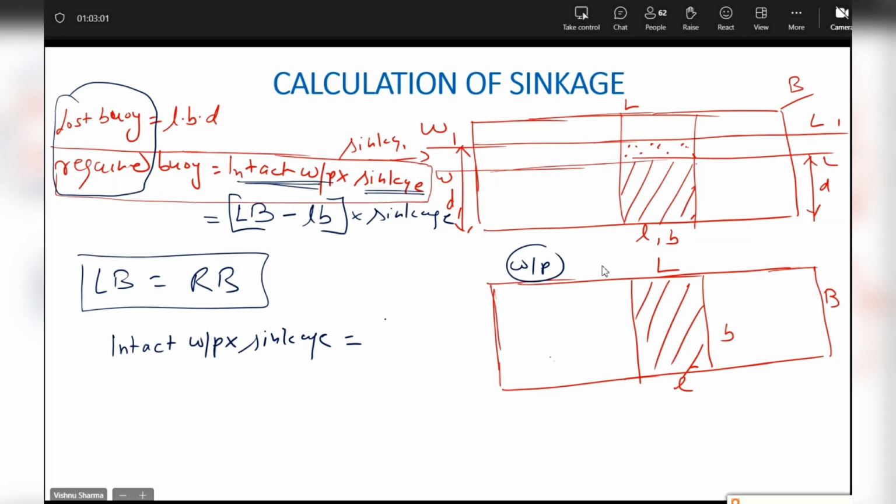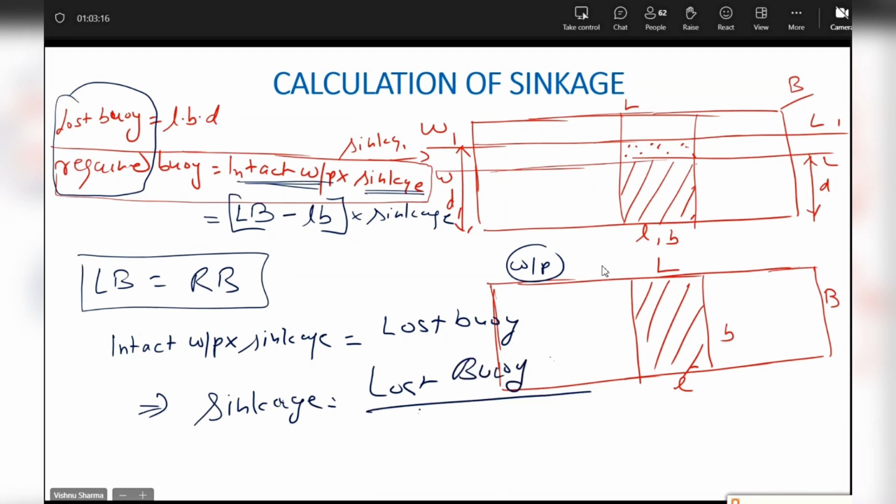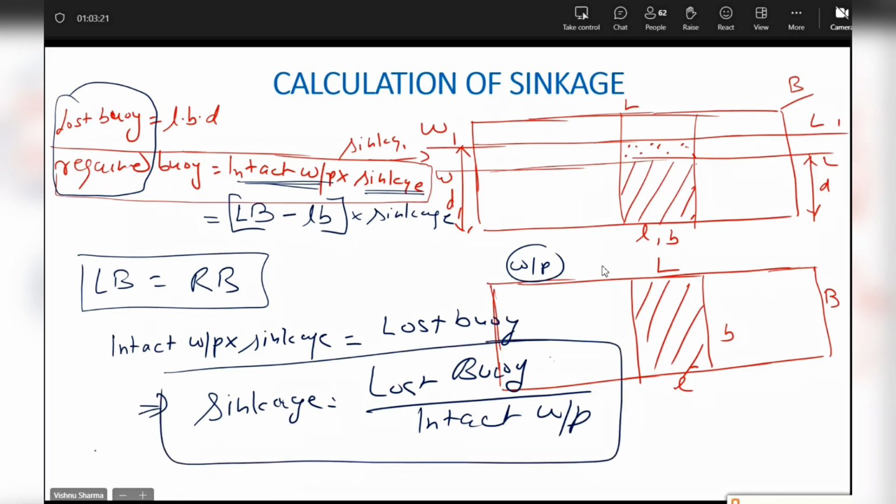Let's say, I'll just write lost buoyancy. From here, what do we get? Sinkage is equal to lost buoyancy divided by intact water plane. Do you agree with this now? Yes, sir. This will be the formula to calculate sinkage.